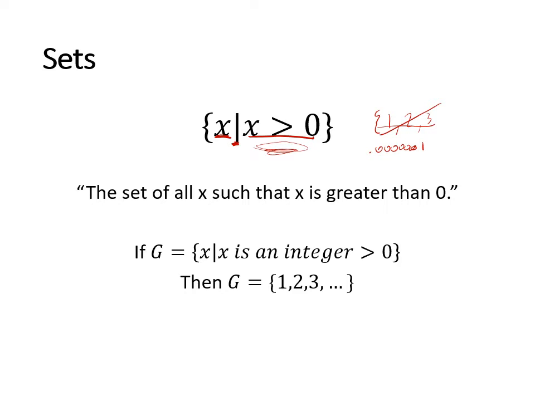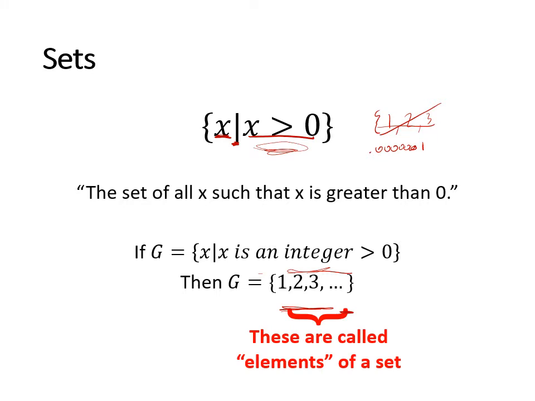The way we do that is by listing 3 or 4 of the integers that satisfy that condition, and then having a dot dot dot at the end to say that it keeps going like that, meaning the rest of the elements in that set meet that same criteria. The things inside of a set are called elements.